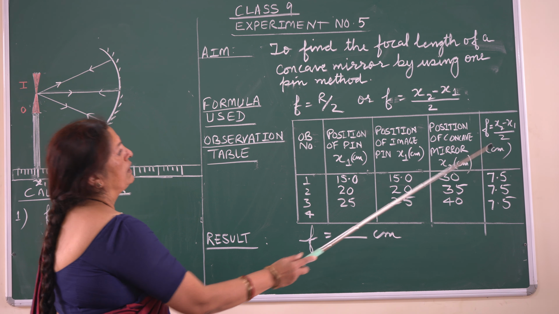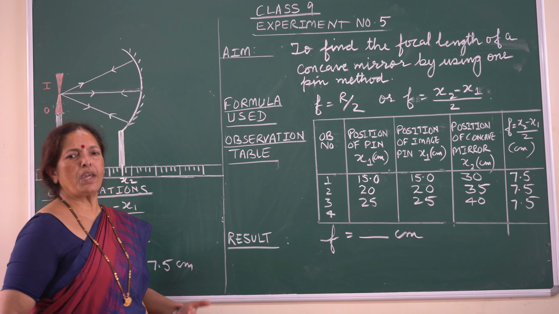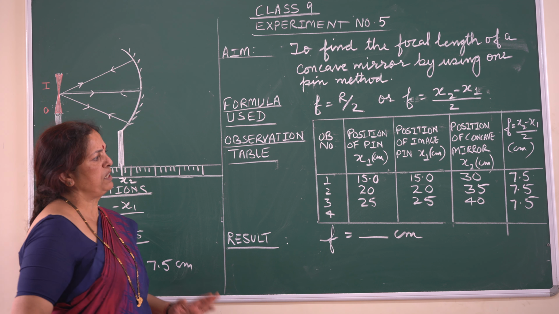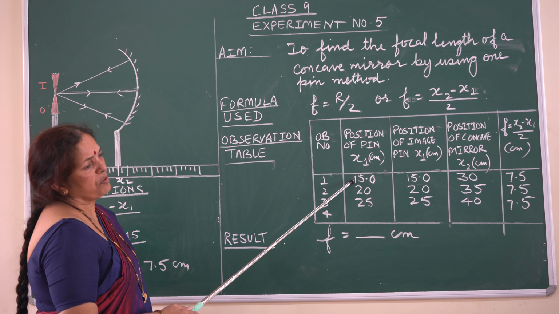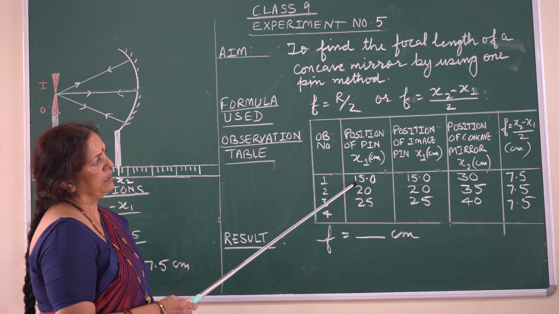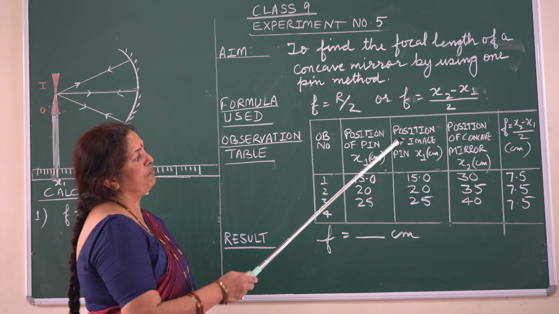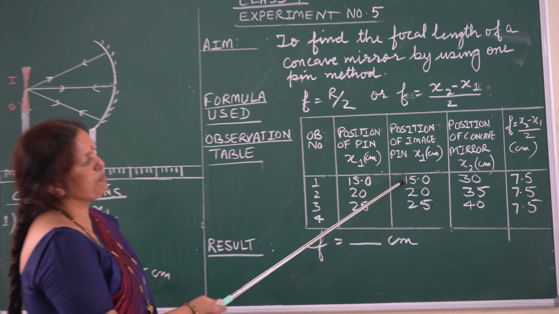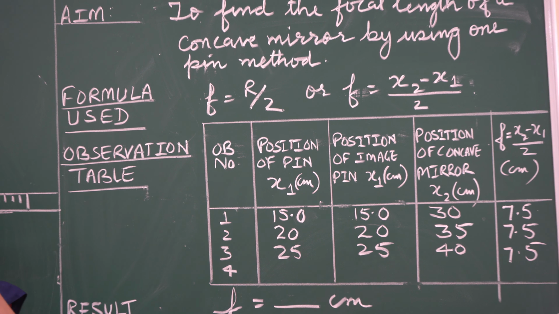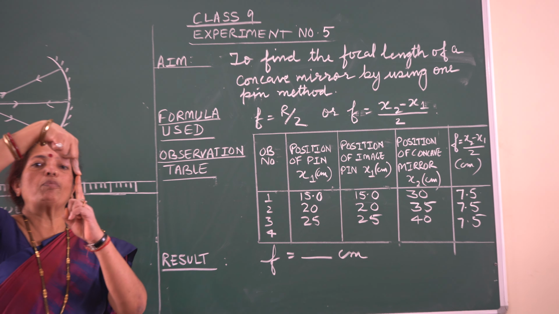This observation table has been given, and in the observation table you are going to take about 5 readings, right? For the first reading, I am placing the object pin at the 15 centimeter mark. The position of the image pin has again been shown at the 15 centimeter mark only, because we have to try to bring the image pin exactly on top of the object pin.